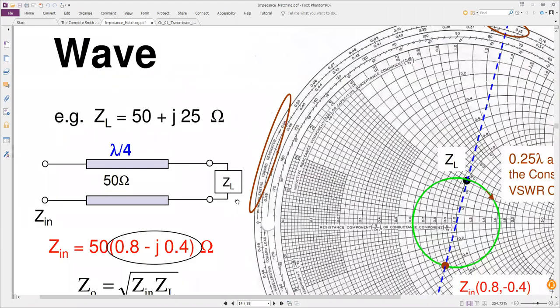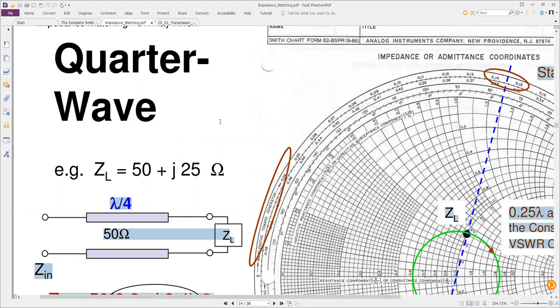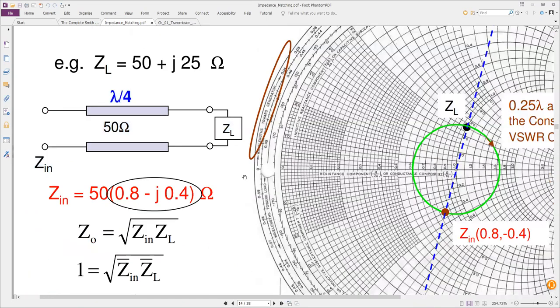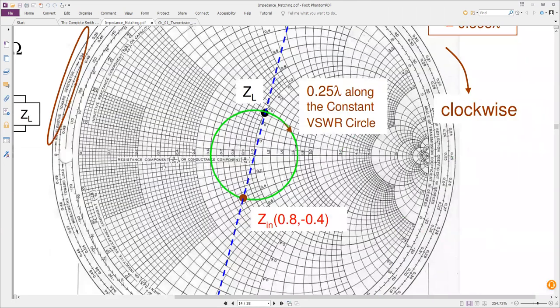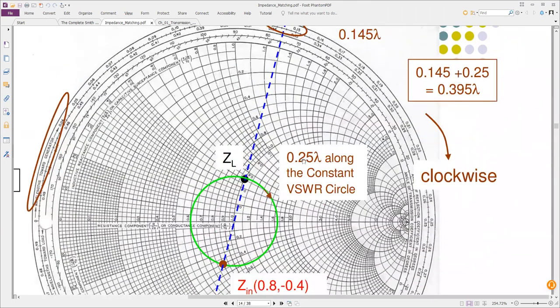Now look here. Another problem. Quarter wavelength. Quarter wavelength means 0.25 lambda. Then what would be the input impedance value?